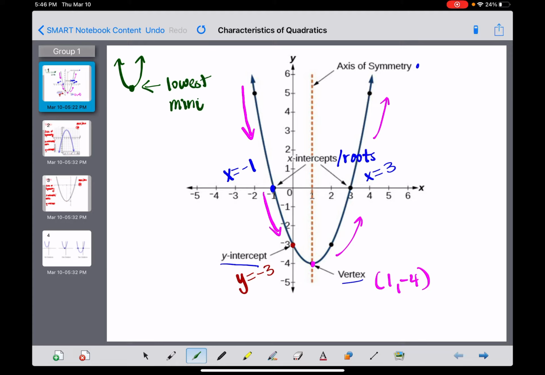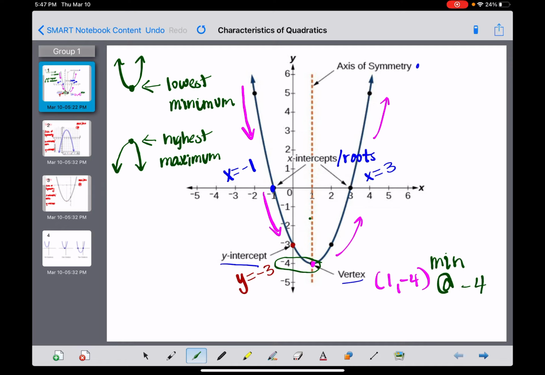If we are concave down, then we're an upside down parabola, and our vertex is at the highest point, which makes it a maximum. So we want to know how low does this parabola go, and the parabola goes all the way down to -4. So we say that this has a minimum value at -4.